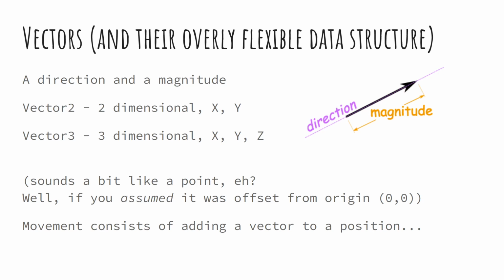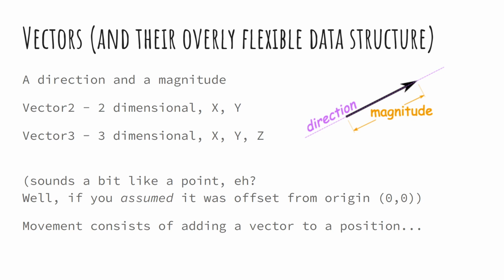So 0, 0, center of the world, easy enough. However, a vector in its real sense isn't a position. A vector is a direction and a magnitude, right? The data structure we're using certainly just has an X and a Y value, so they're convenient for positions. But to really comply with the notion of a vector, which is supposed to be direction and magnitude, we would have to assume that the vector had a starting position and that it wound up getting us there.